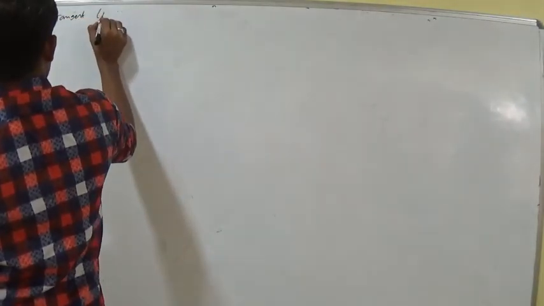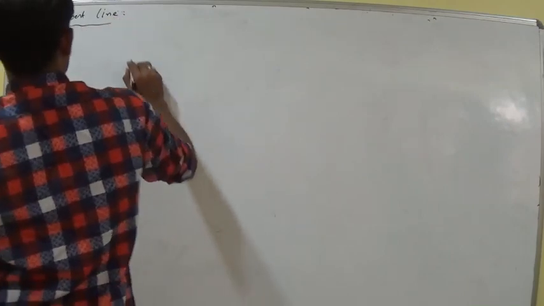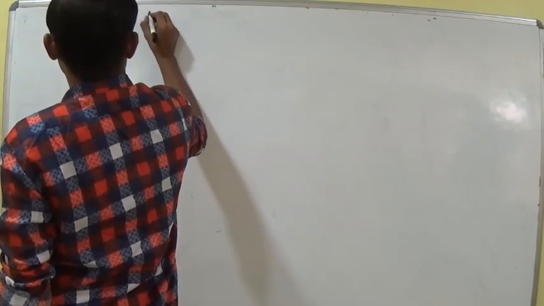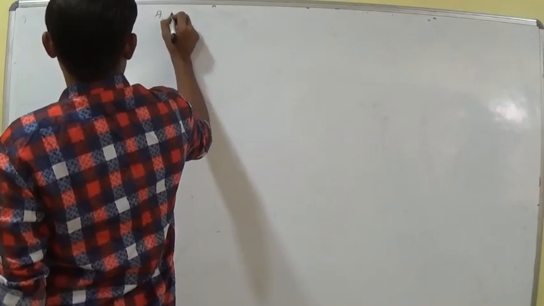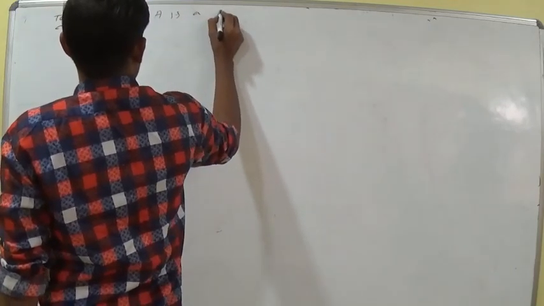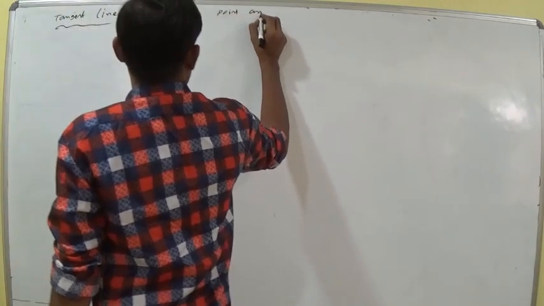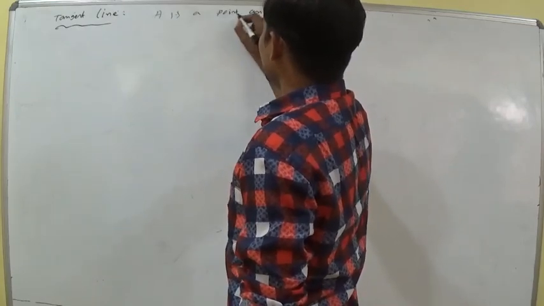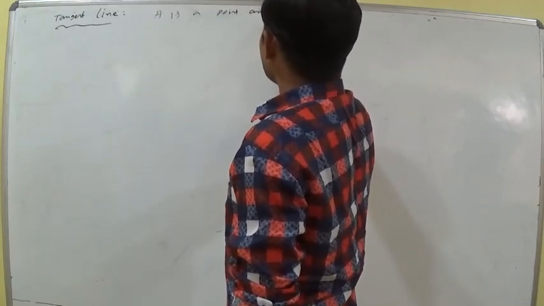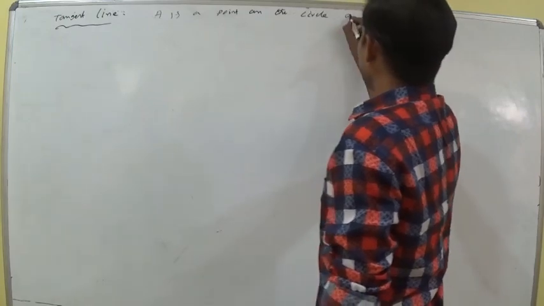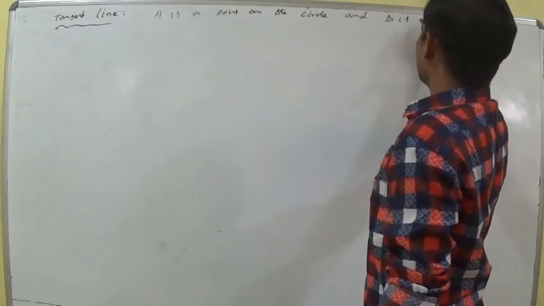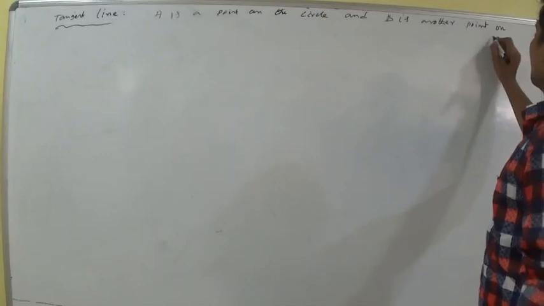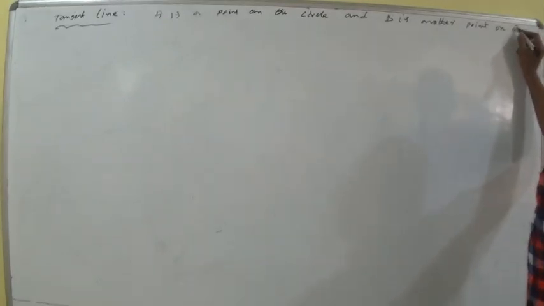Suppose A is a point on the circle and B is another point on the curve.